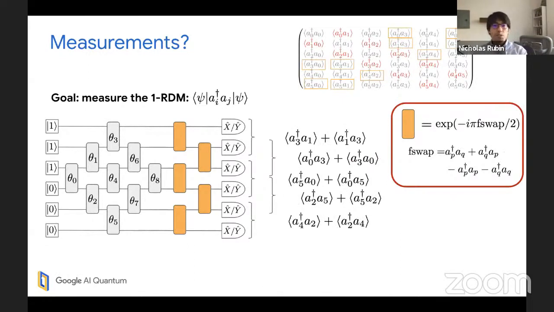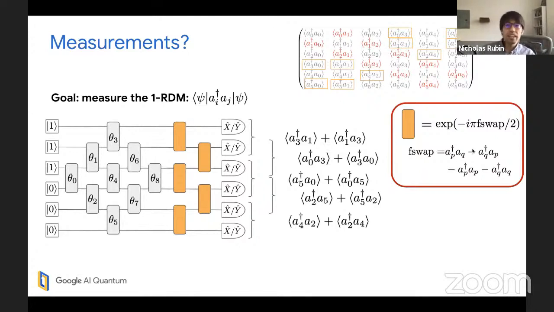Now, if I was to perform 2 extra swaps of these fermionic modes at the end of my circuit, I would actually get a different set of 1 RDM terms that I would be measuring, and I've highlighted those in orange. The F swap is actually just another quadratic operator, so it's just swapping the labels of 2 fermionic modes.